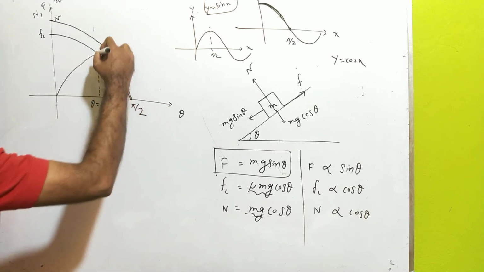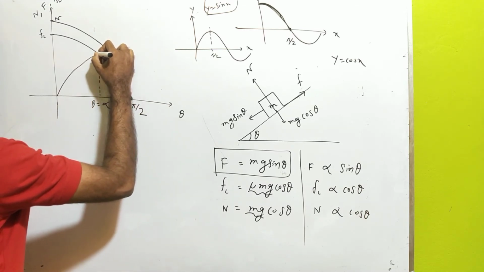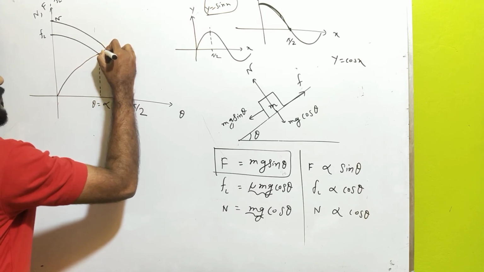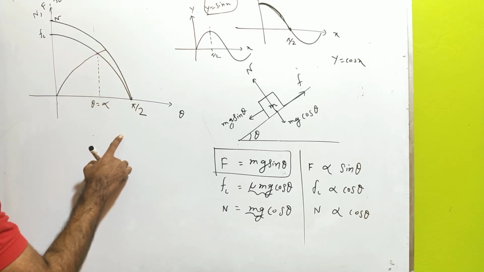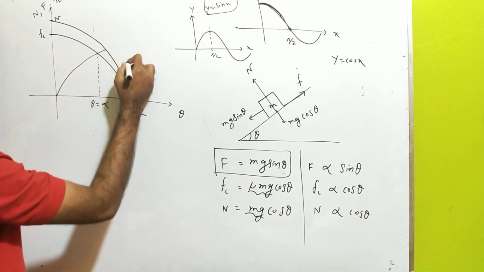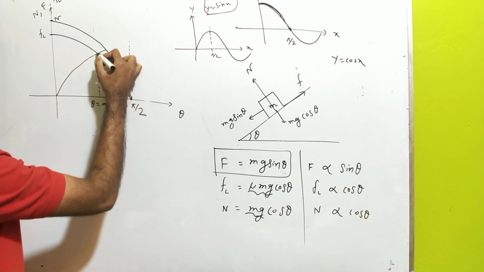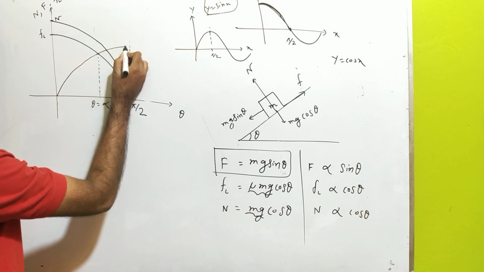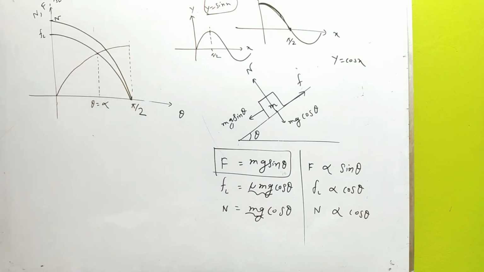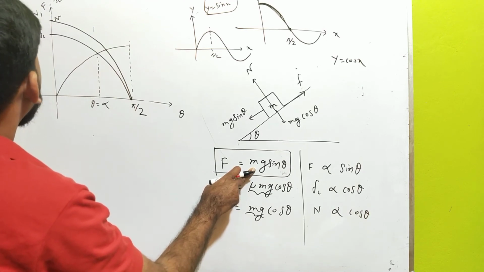Now what will happen? Now it will be increased up to this point, that is pi by 2. So if we draw a line like this, it will again increase to this point, and its maximum value will obviously be mg.